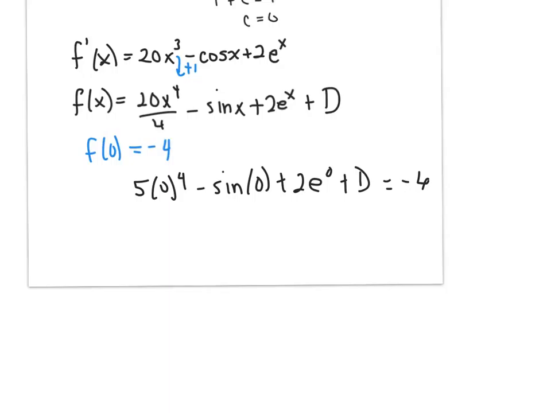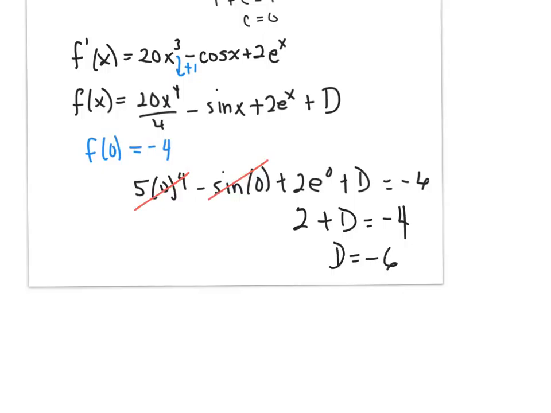Well, you can compute most of these. You know that this is going to be 0 here, and the sine of 0 is 0, and you know that e to the 0 is 1. So when we compute this, we get that 2 plus d equals negative 4, because we know that this will be 0 and this will be 0. Now we solve for d, so you subtract 2 on both sides and you get d equals negative 6.